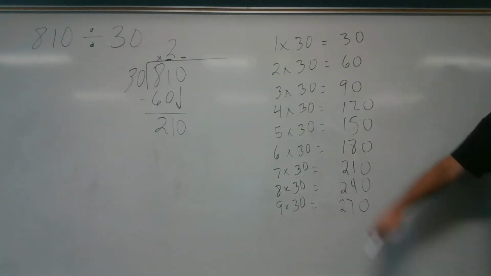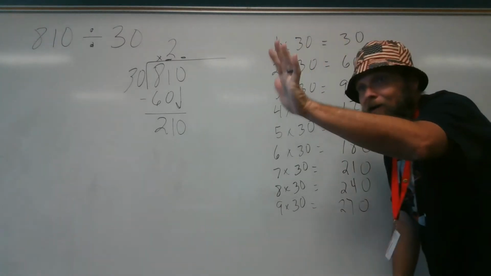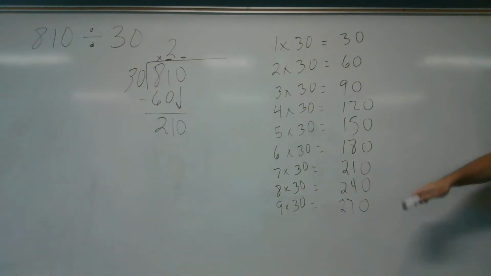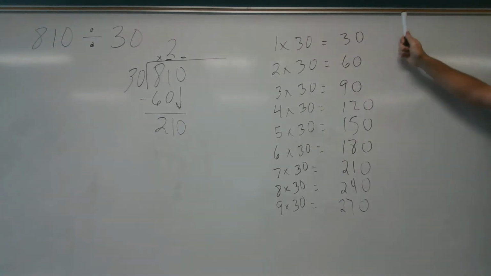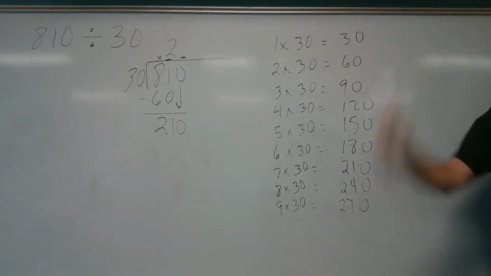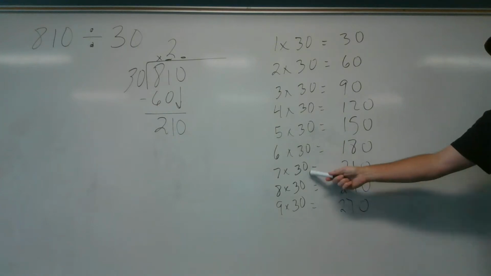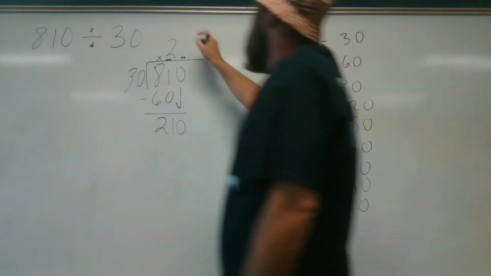So then, Caroline, I look at my list. I want to get as close to 210 as I can get on my multiples without going over. And what is it that I should have there? I put 7, because 30 times 7 is 210.